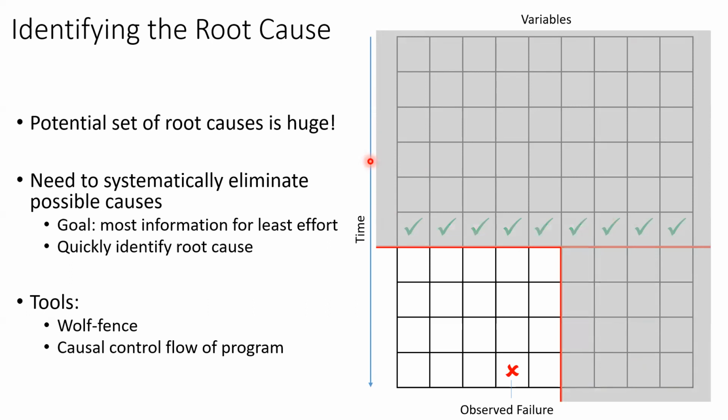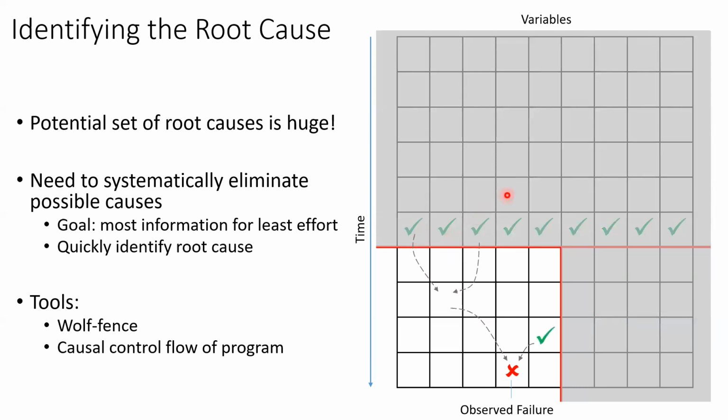Then put up a fence again and start eliminating. In the end, you are left with this small search space, with this failure, this variable depending on these two variables in time. But these two variables are verified to be correct.